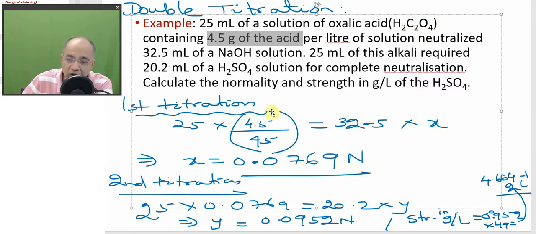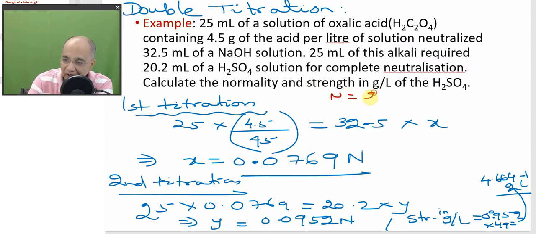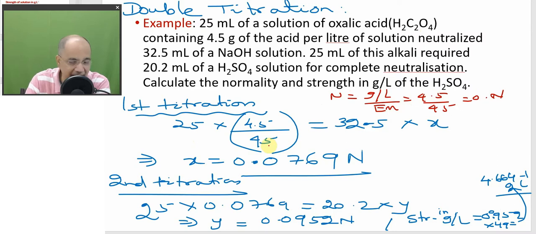Normality is equal to strength in grams per liter by equivalent mass. That means 4.5 by 45 is 0.1 N. So that here I have written directly.